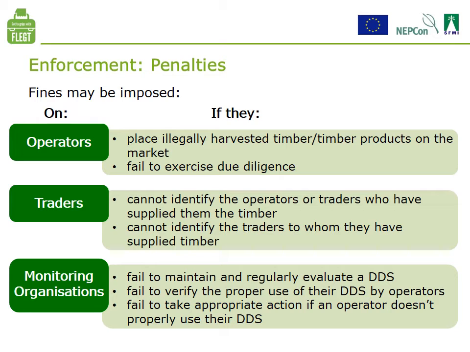Fines may also be imposed on monitoring organizations if they fail to maintain and regularly evaluate a due diligence system, and if they fail to verify the proper use of their due diligence system by operators and take appropriate action if an operator doesn't use the due diligence system properly.